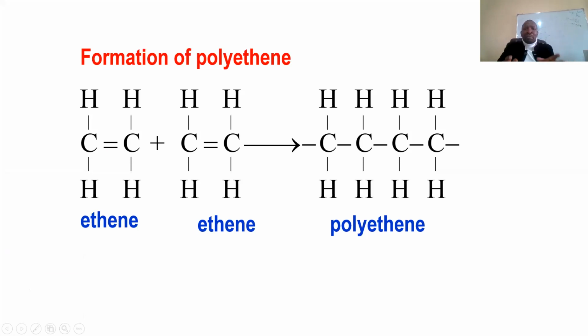Sometimes the examiner can tell you this is a polyethene consisting of only 2 repeating units. So this is a section, not the general structure of the polyethene.